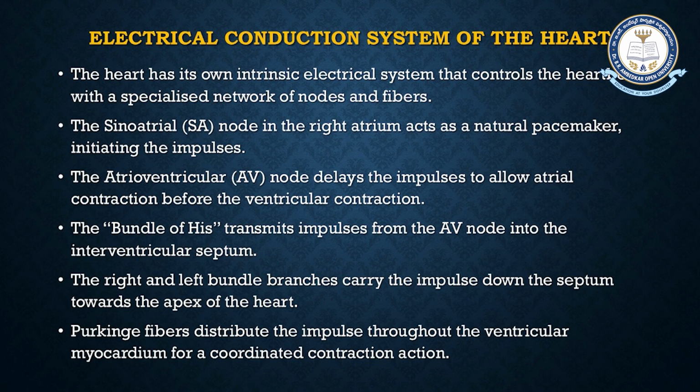Now moving on to the electrical conduction system of the heart. The heart has its own intrinsic electrical system that controls the heartbeat with a specialized network of nodes and fibers. The sinoatrial node in the right atrium acts as a natural pacemaker, initiating the impulses.